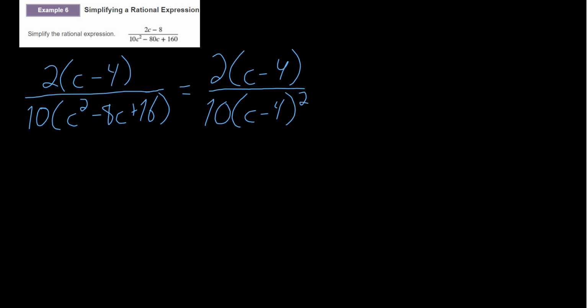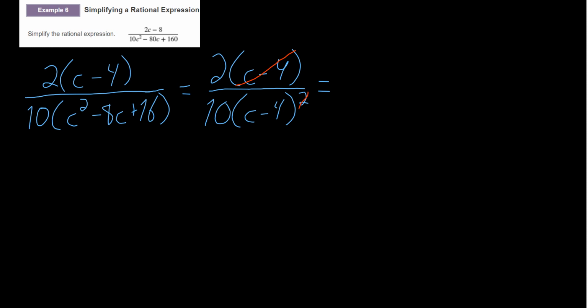And from here, I can cancel this c minus 4 out with one of those. It's essentially like saying x over x squared, because it is a term, and I would be canceling out an x with one of the x's in the denominator, except this time they're binomials. So I can do that. I also see that 2 divided by 10 is 1/5.